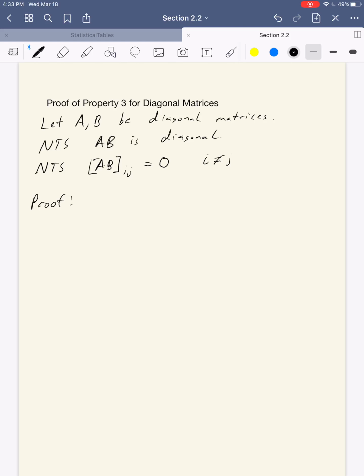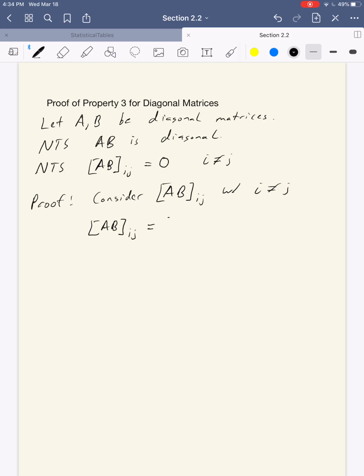Okay. So to prove this, let's consider (AB)ij with i not equal to j. If i does equal j, we don't care because there's no restriction for what happens on the diagonal. There's only a restriction for what happens off of the diagonal. So what can we say about (AB)ij?